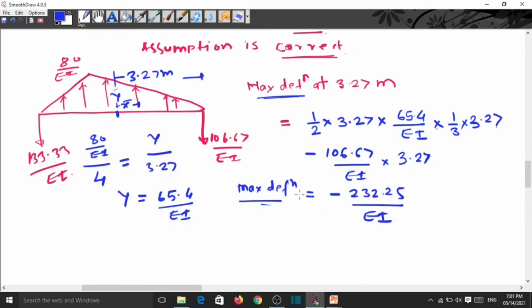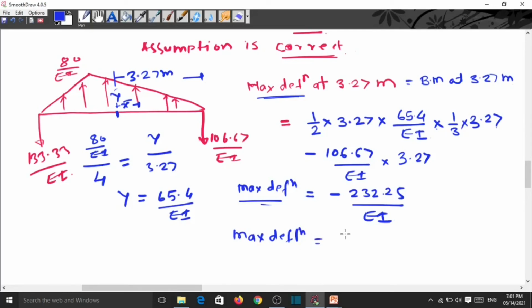Now in case of this deflection, the maximum deflection at 3.27 meter is equal to the bending moment at 3.27 meter. When this bending moment is minus, we can say that it is a downward deflection.